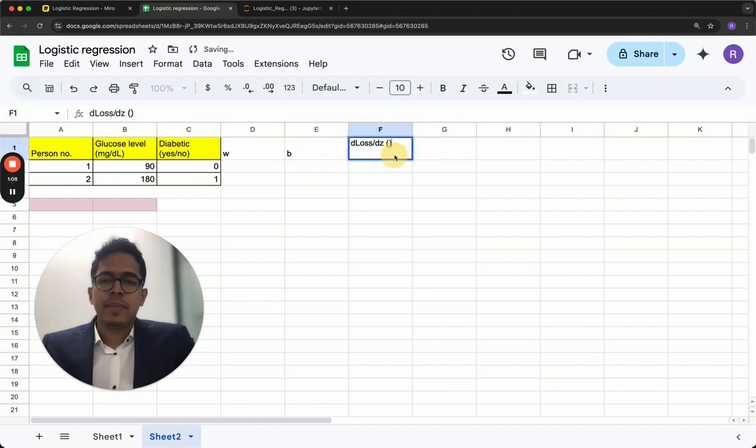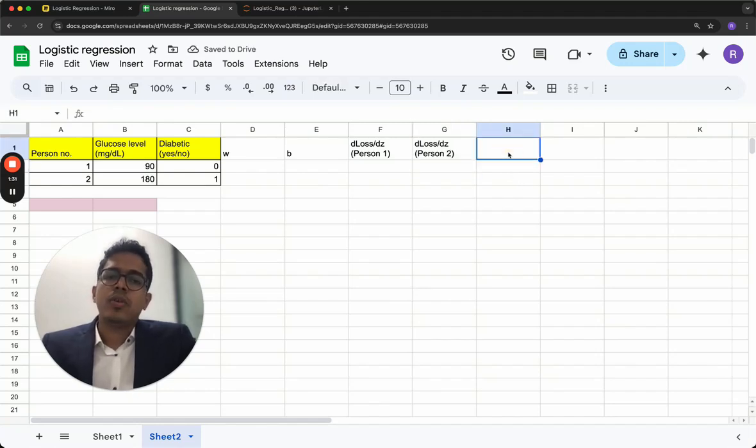And why am I writing person 1? Because the loss might be higher for the first person and lower for the second person depending on the value of their x, which is the glucose level itself, and their y, which is diabetic or non-diabetic. So d loss by dz for person 1 and d loss by dz for person 2.